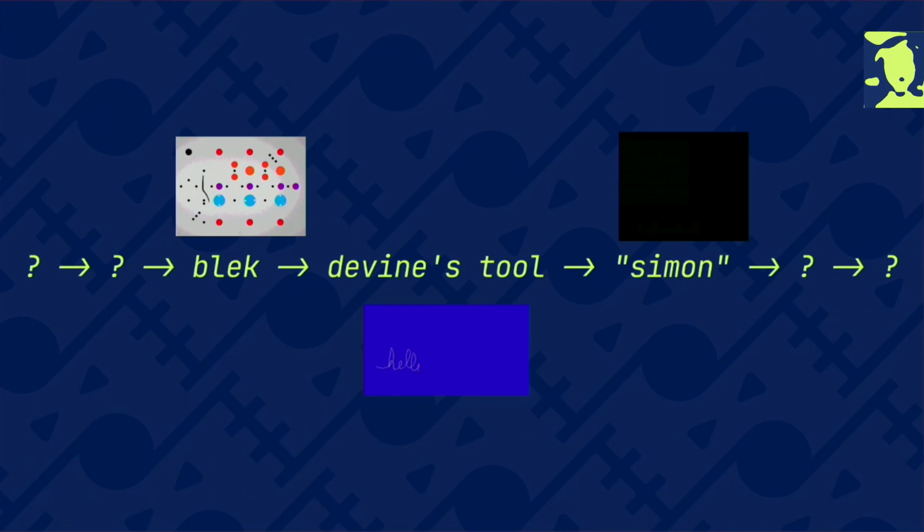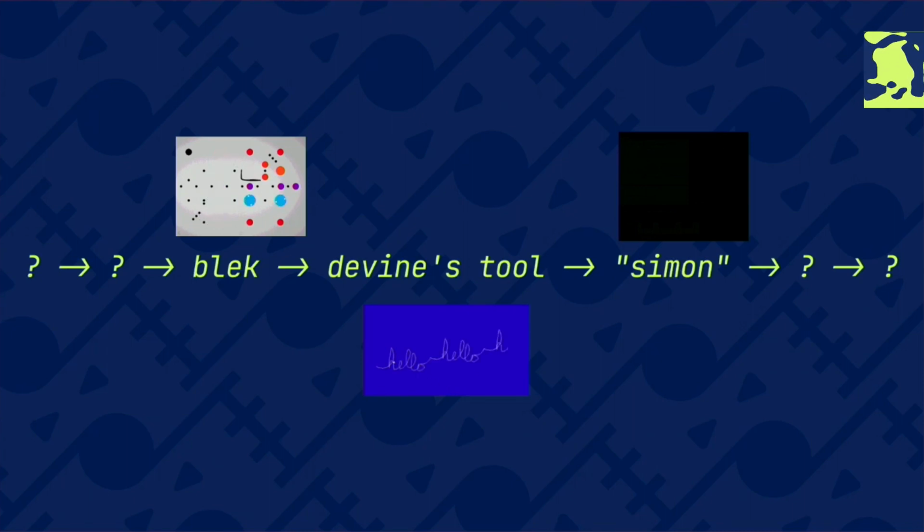In theory, this kind of chain could go on forever. Who knows how many steps before this there were, and what the people who made Bleck were inspired by, and maybe someone will be inspired by this MIDI tool that I made, and they'll make something else. Or they'll make music with it, which would also be cool.